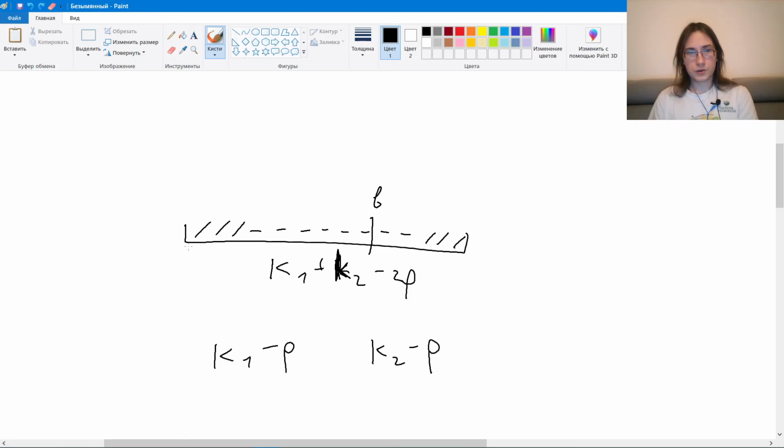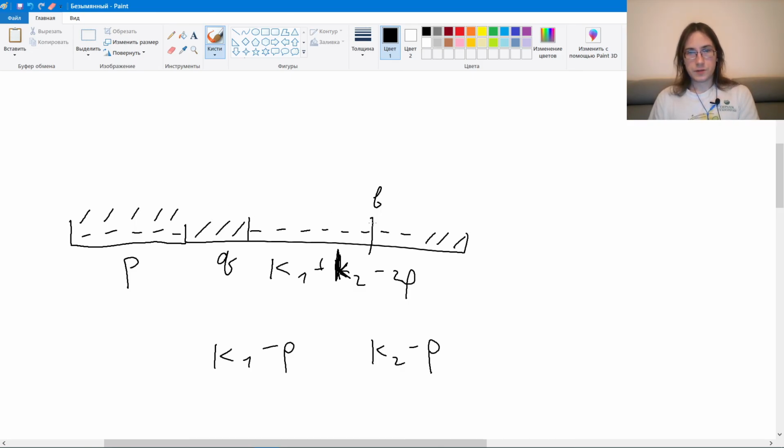Meaning that the answer to the initial problem looks like this. There will be p largest numbers to which we apply both operations, divide and subtract. Then there will be, let's call it q, several consecutive numbers to which we apply only the division.